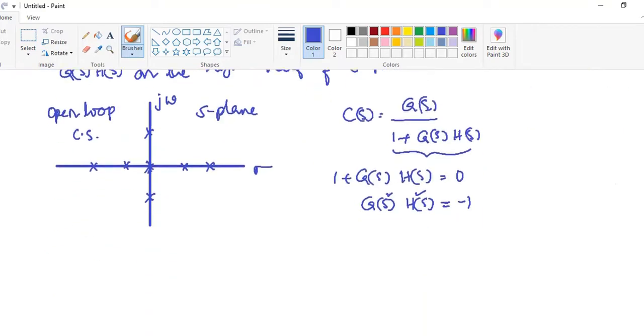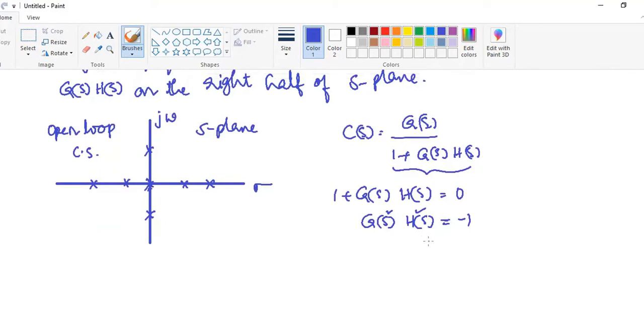So here we need to have a plane of G(s)H(s). When we draw a plot in this G(s)H(s) plane corresponding to the Nyquist contour that is in s plane, then that is known as Nyquist plot. That is why we need to take another plane.